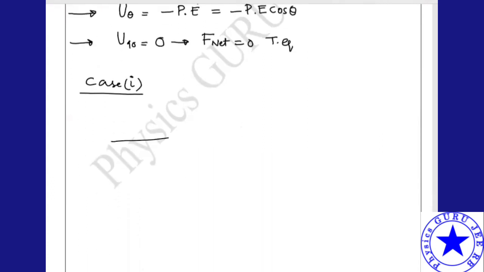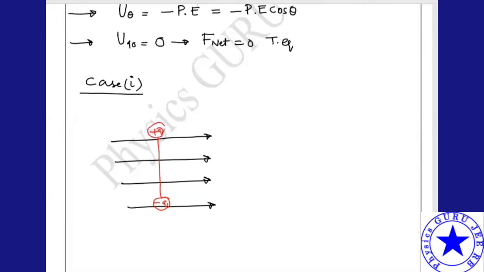In case 1, again, I'll take a uniform electric field, and we'll be placing a dipole here in such a way that it is perpendicular. This is the negative charge, and this is the positive charge. So you can see this is perpendicular.